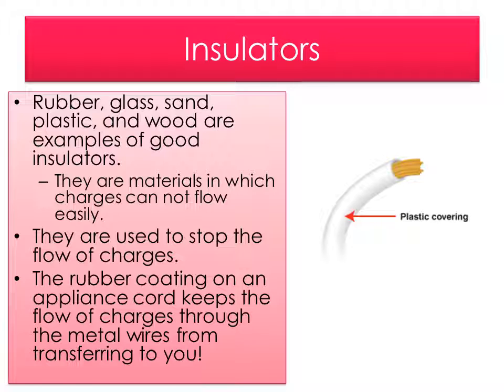So if you were to touch the metal wire as charges were going through it, the charges would flow to you, and that would be pretty dangerous. So that plastic covering around the wires keeps the charges from flowing to your hand. Charges cannot flow very easily, if at all, through plastic. So it's a good insulator.